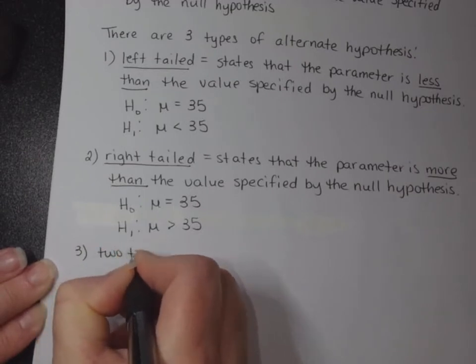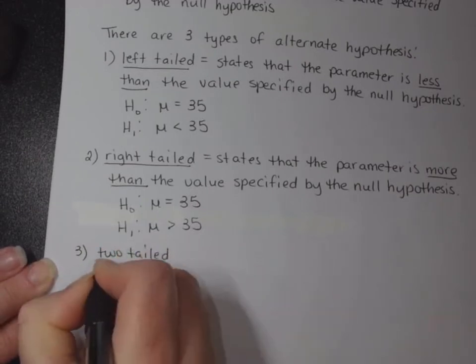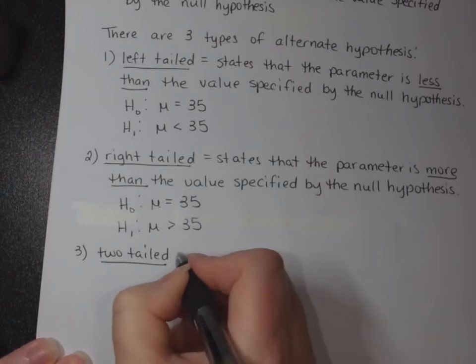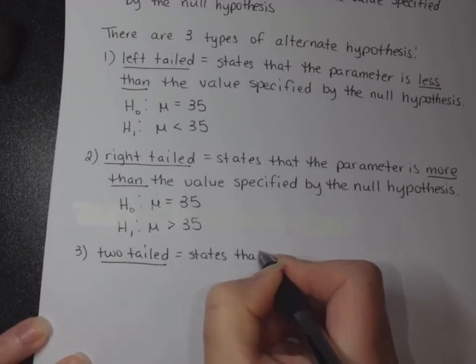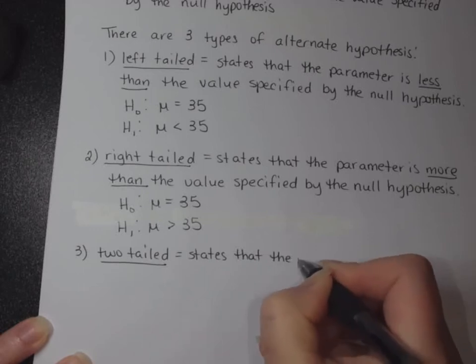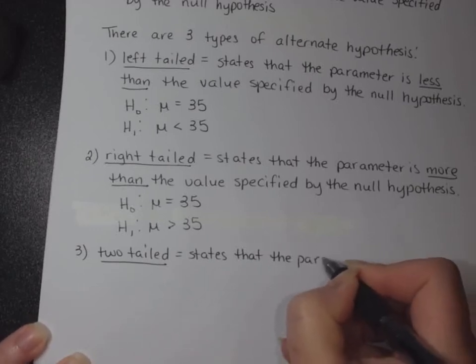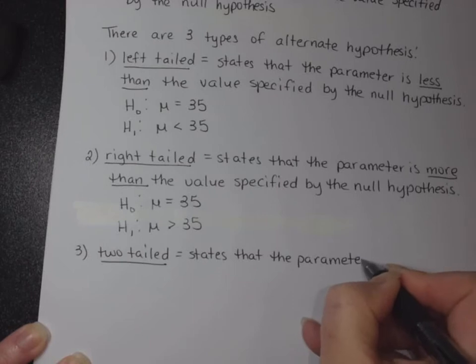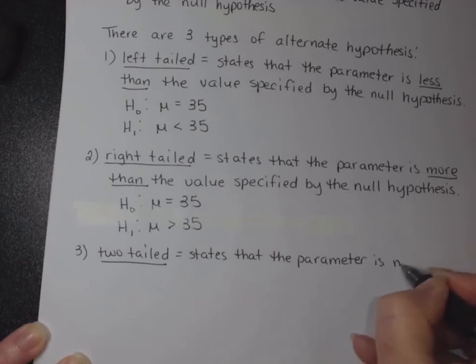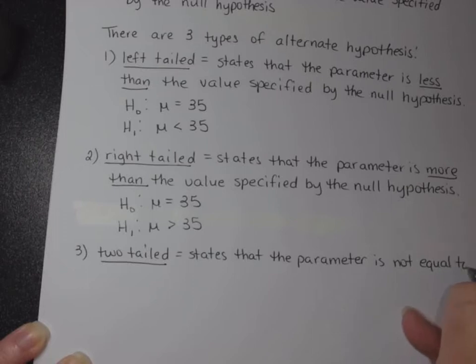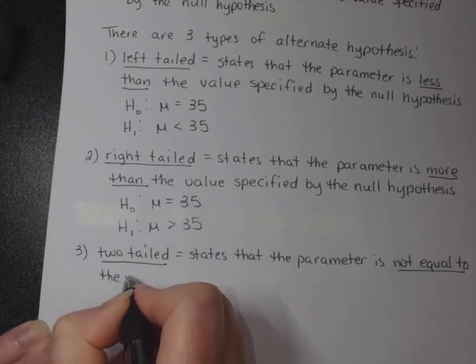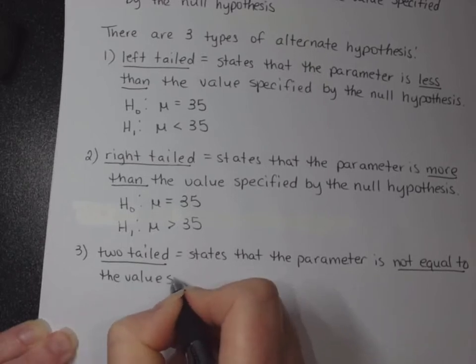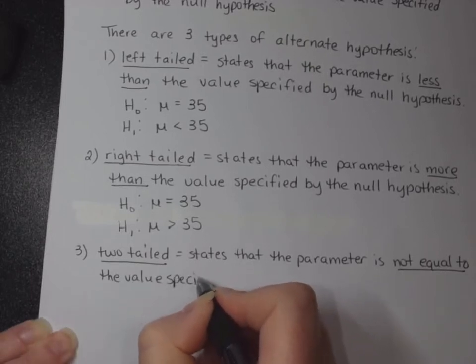All right, so now let's go back to two-tailed. In this one, we would catch values that are either less than or greater than. So it's basically values that are not equal to the value specified by the null hypothesis one way or the other.